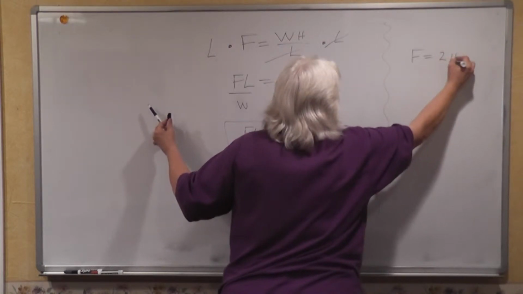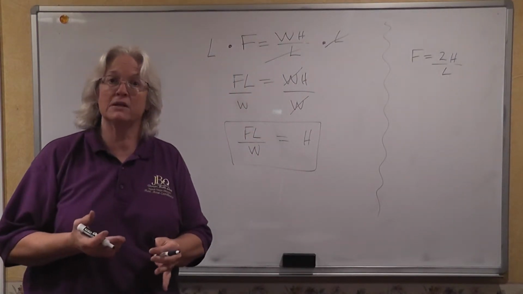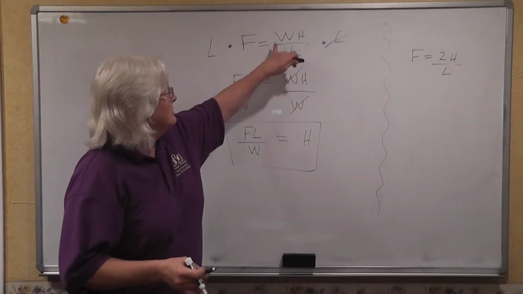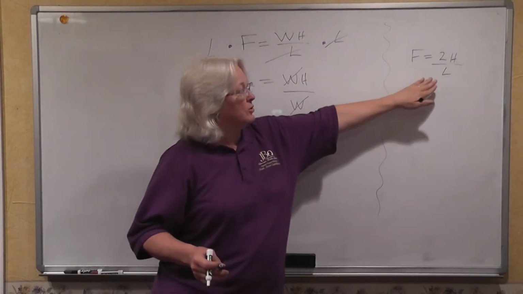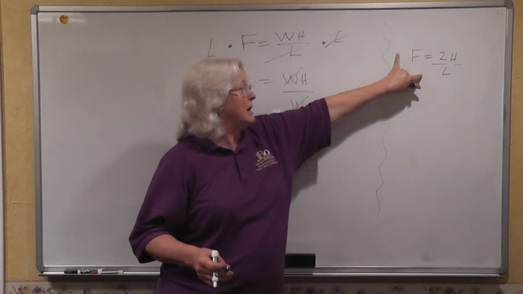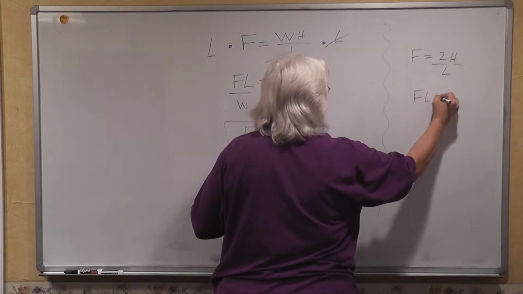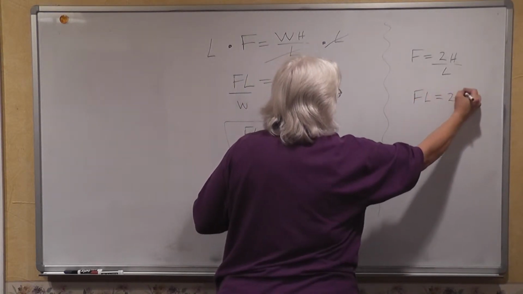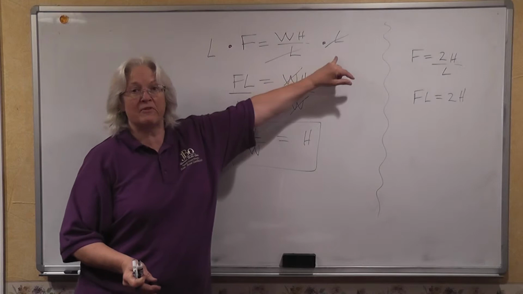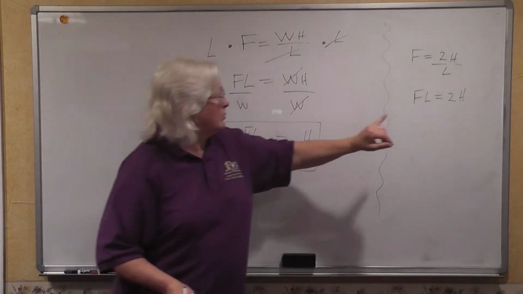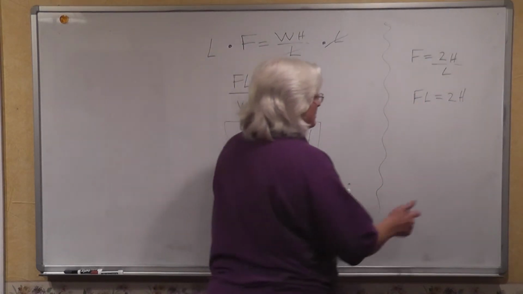It's the only change that I've made to this problem. W is now a numerical factor. We want to multiply both sides of this equation by the common denominator, so you end up with FL is equal to 2H. Because what we did, we had that common factor of L that canceled. Now if we wanted to isolate H, here you would just divide both sides of this equation by 2, wouldn't you?